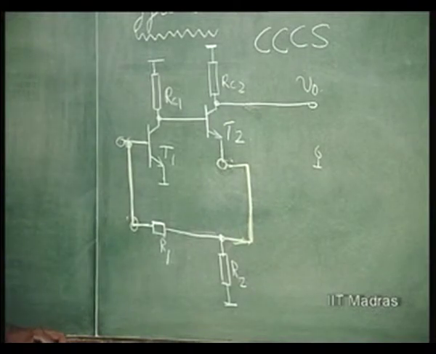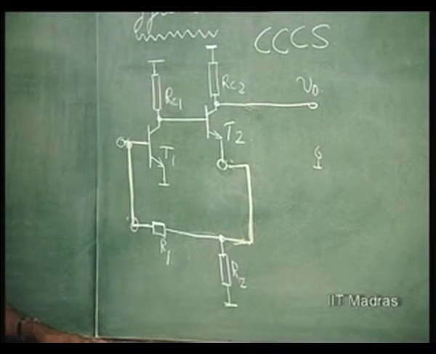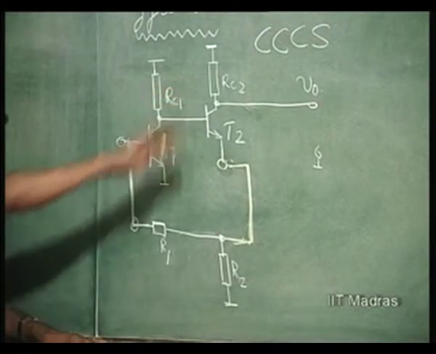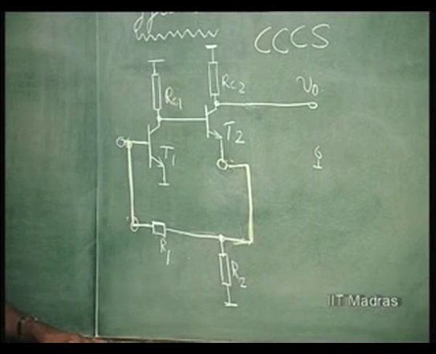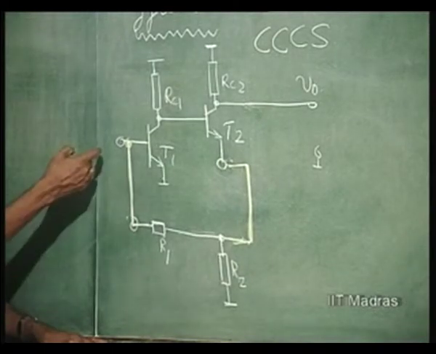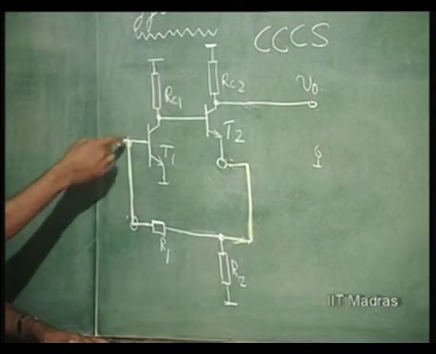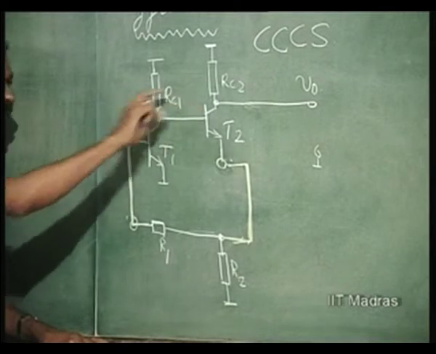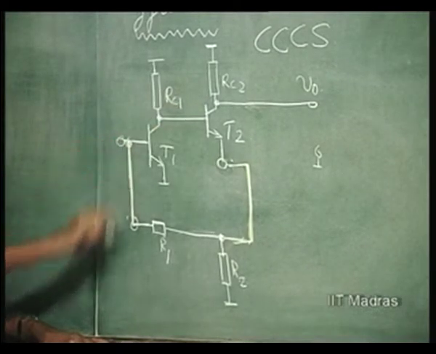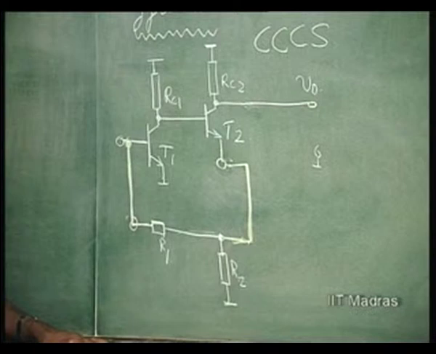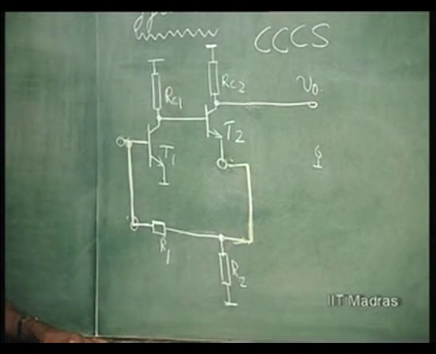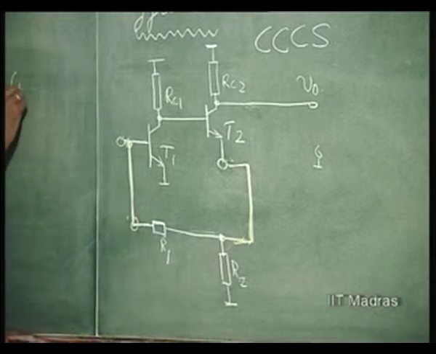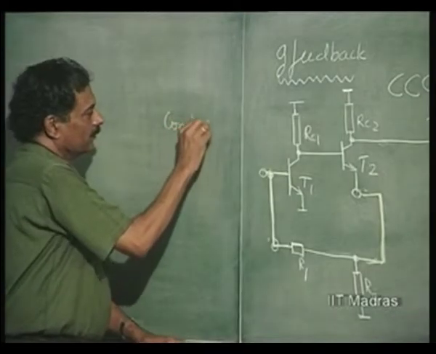So, G parameters have to be chosen, which means you open circuit the input and open circuit the output and short circuit the input for obtaining the respective G parameters, and evaluate the composite G parameters.